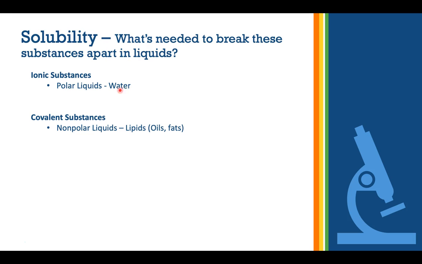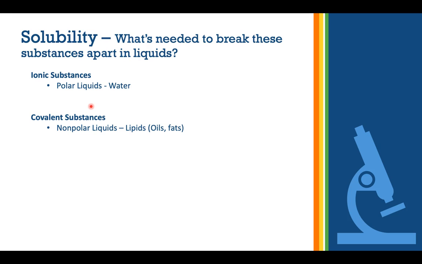So if there is a polar liquid, which is water, an ionic substance will break apart. Remember that we learned that sodium chloride, which is table salt, is an ionic substance. If you were to put table salt into water and stir it long enough, it would break apart. You would not be able to see it. It would dissociate.